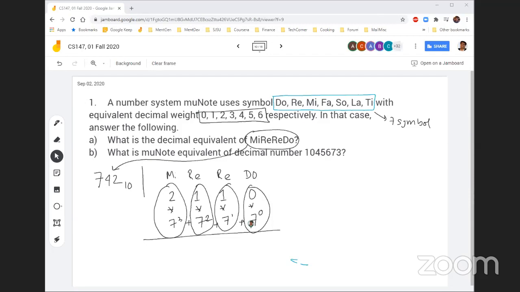So base 7 to the power 0, first position. Second position, 7 to the power 1. Third is 7 to the power 2, then 7 to the power 3. Then we add up those multiplication values: 2 times 7 cubed plus 1 multiplied by 7 squared plus 1 multiplied by 7 to the power 1 plus 0 multiplied by 7 to the power 0, which comes down to 742. Question on this part from anyone?